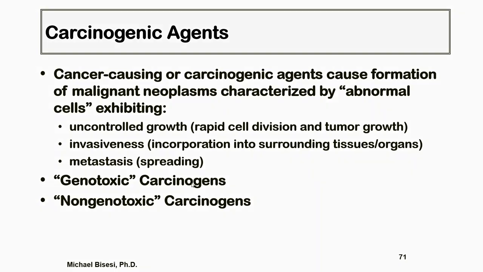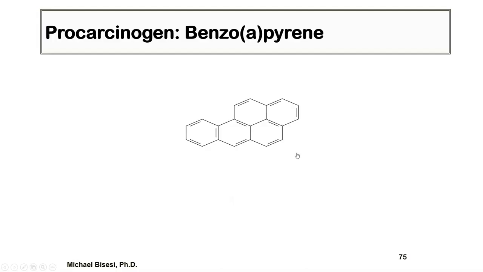Okay, so to give you an example, polyaromatic hydrocarbons are very predominant in areas where there's high traffic levels and industrial levels. They are discharged from combustion sources. Benzoate is just one of several examples, but benzoate is classified as a procarcinogen.